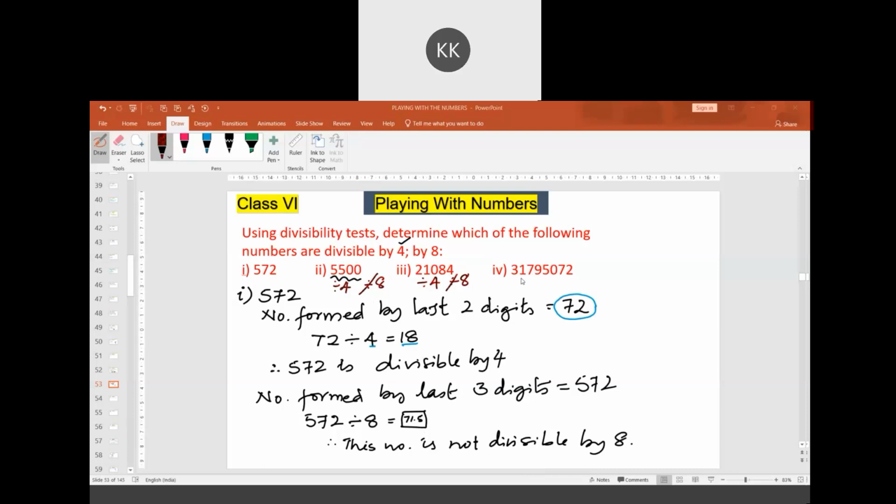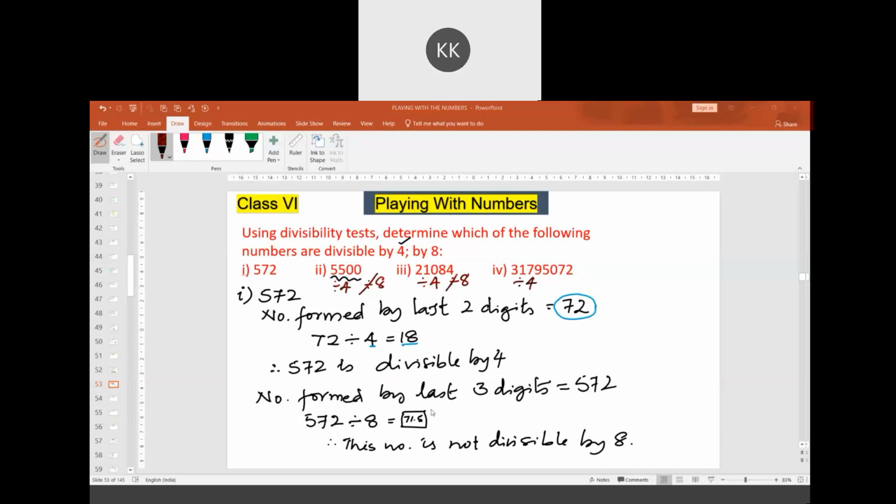If you consider 31795072, the last two digits are 72, so it is divisible by 4. So there is no doubt it is divisible by 4. Is this number divisible by 8?